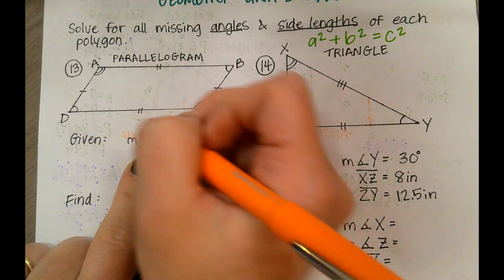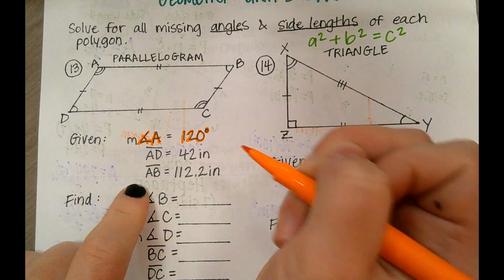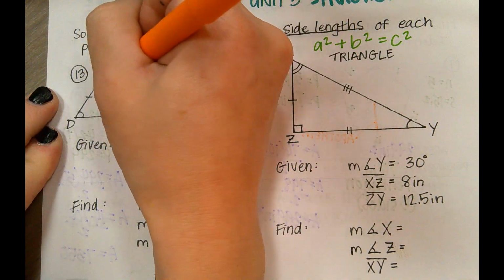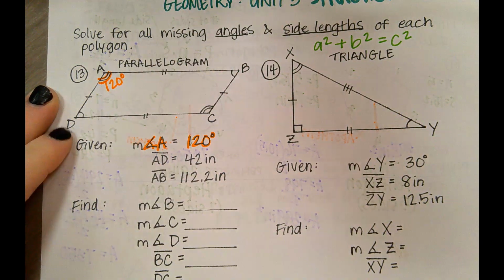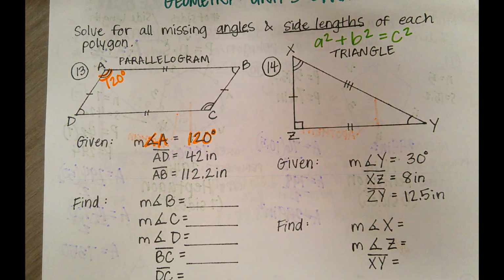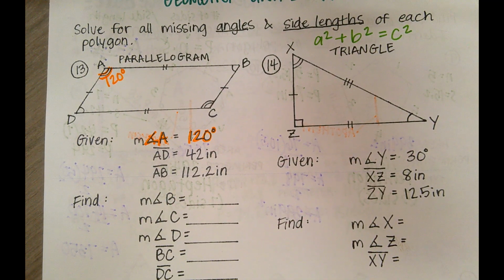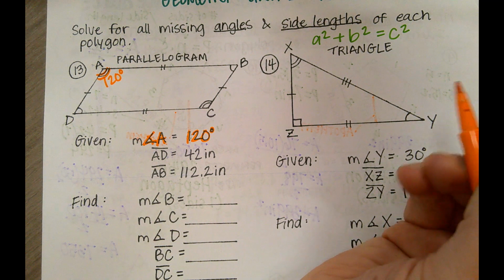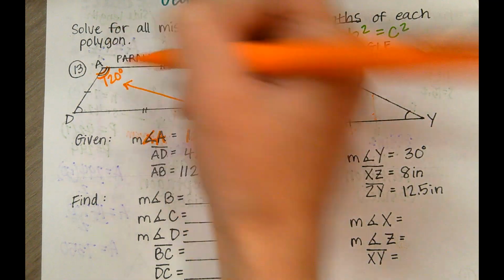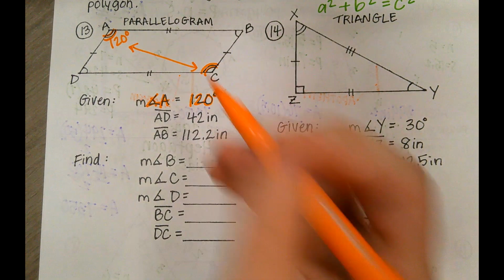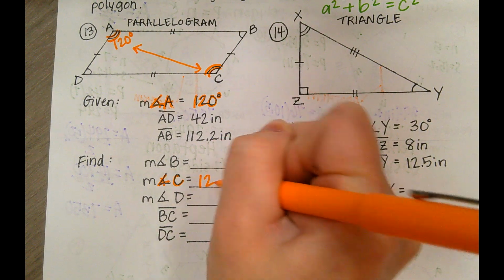So if I am given that angle A is 120 degrees, I'm going to write 120 next to A. And that's going to help me visualize what else is 120 degrees. So using angle A, what other angle is 120 degrees? C. Yes. Those are opposite angles, and opposite angles are equal. So I'm going to write down here, measure of angle C is also 120 degrees.